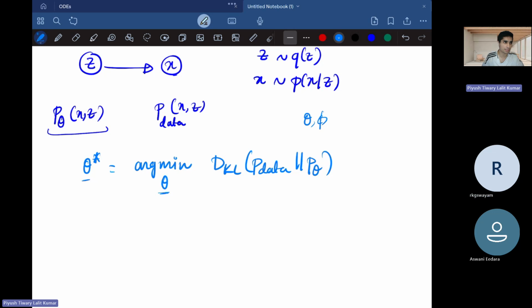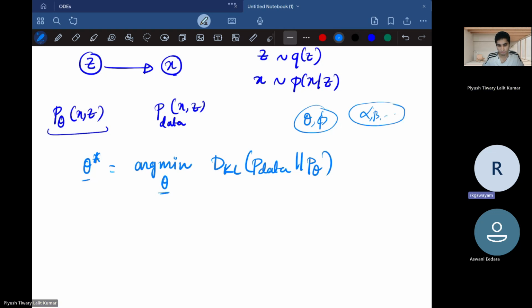Theta and phi are the most common ones. You generally use alpha, beta, and so on to represent scalar values or hyperparameters. That is the general rule, but you can use anything to represent this.